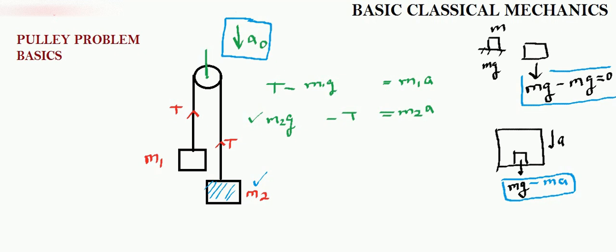Now as I said, m2 is falling with an acceleration a, which is already there, but it is also falling with an acceleration a naught.